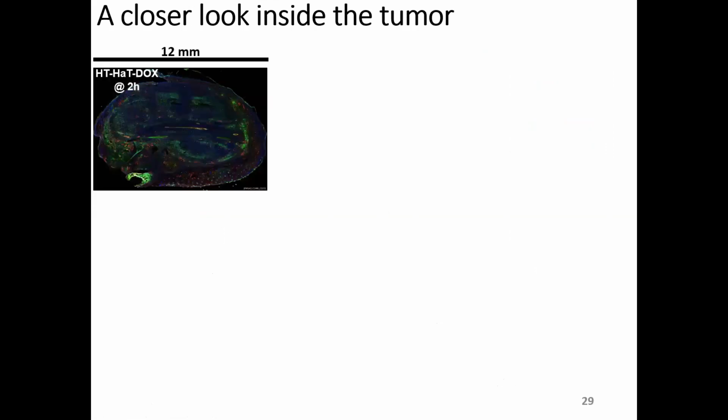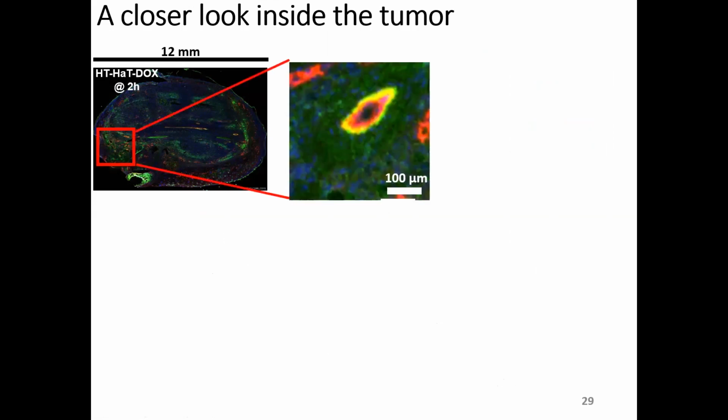So what I'm showing here is a representative CD31 and FITC stained section of our tumor that has been treated with Haddox and sacrificed at 2 hours post-treatment. If I zoom in and show you a cross-section of a vessel here, with CD31 shown in yellow and the FITC-lectin shown in green, what you'll notice is that surrounding most of these vessels, you have a significant amount of FITC-lectin that has leaked outside of the vessel.